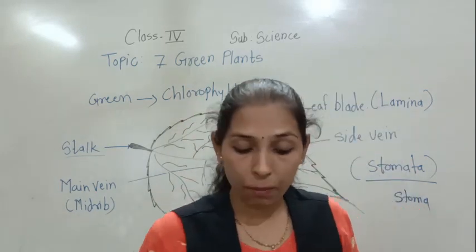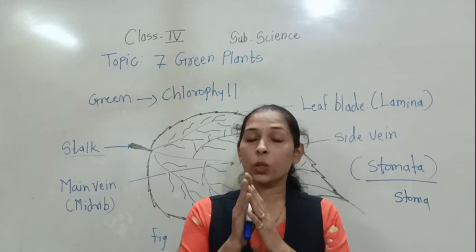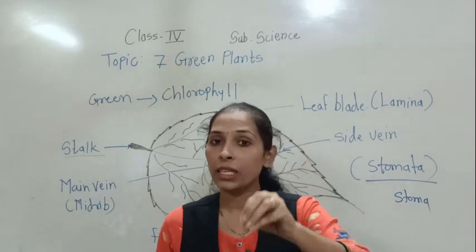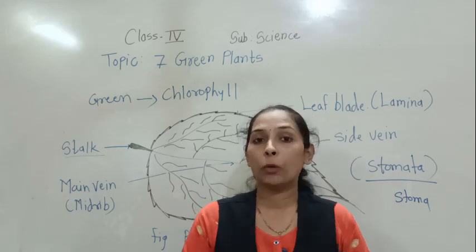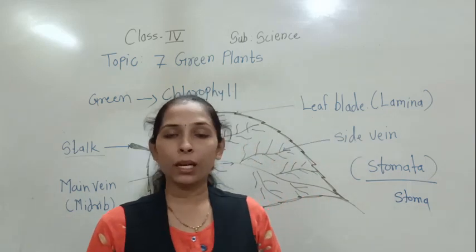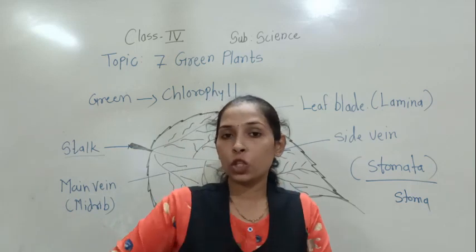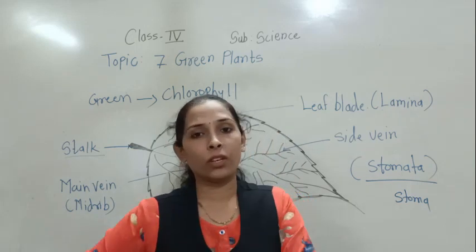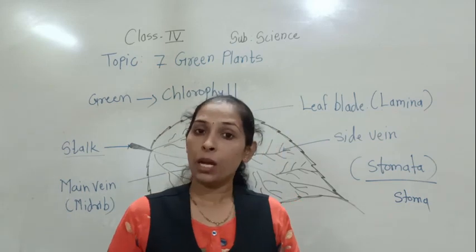Chlorophyll is very important for the process of photosynthesis. That is the reason chlorophyll is present in the leaves of the plant, and that is the reason the leaves make the food for the plant. That is why the leaves are called the kitchen of the plant, or the food factory of the plant.